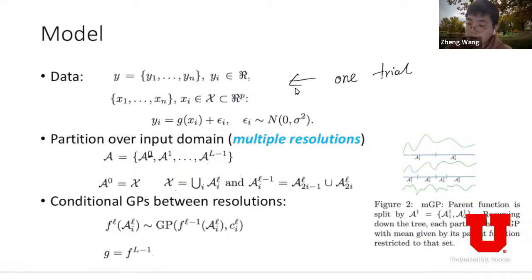A0 is just the whole input domain, and for each level, all the partitions are mutually exclusive. Meaning A_i^L intersect A_j^L equals the empty set, and the union of all the partitions is the whole input domain.